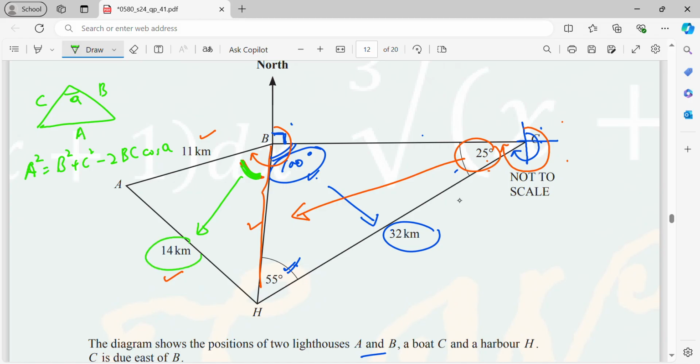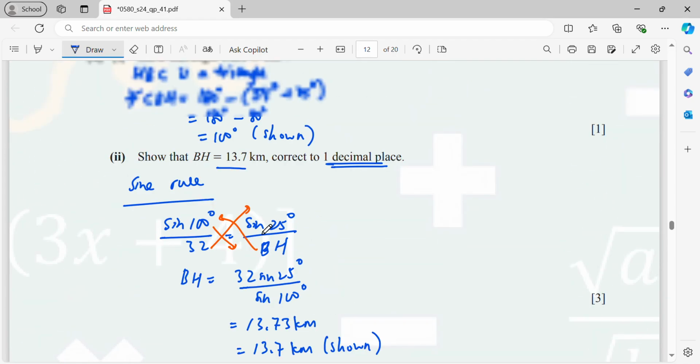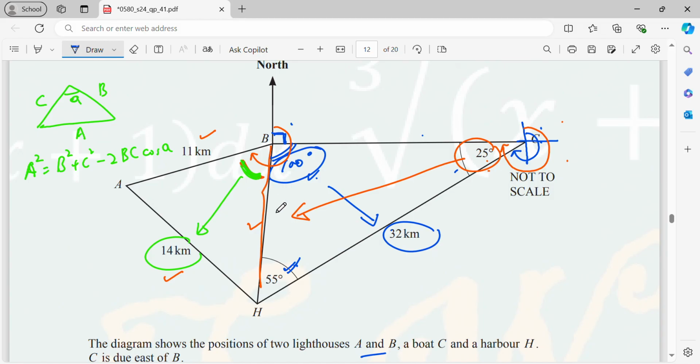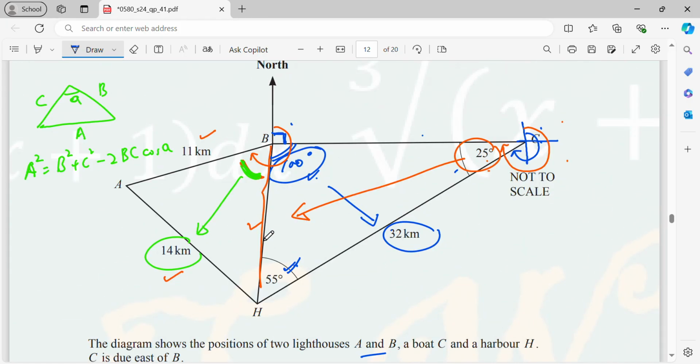So I will write 14 squared first. So I will write AH squared equals, okay, here I will write cosine rule: AH squared equals AB squared plus BH squared minus 2 AB BH cos angle ABH.